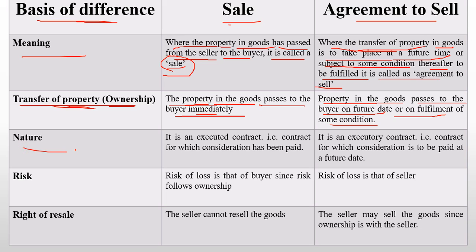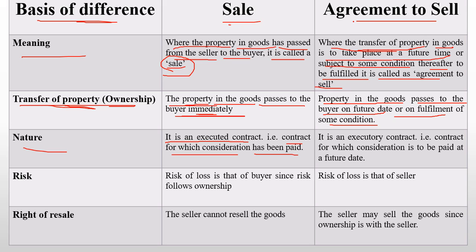Nature of contract. In sale, the nature of contract is an executed contract. That means the contract for which the consideration has been paid, meaning both the parties, buyer and seller, have executed their responsibility. Seller sold the goods to the buyer, and buyer in return for those goods paid the consideration.